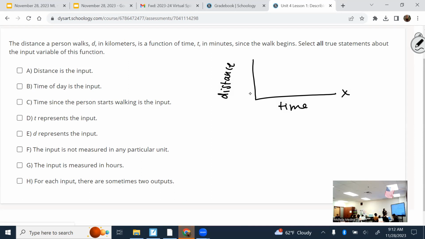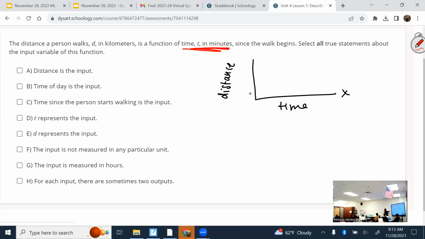So would you say that distance is the input? Okay, no. Time of day is the input, right? So maybe let's just double check. It is time. It's time in minutes. So I wouldn't necessarily say time of day, like time of day would be 8 a.m., 9 a.m., 10 a.m. It's just minutes since the walk began.